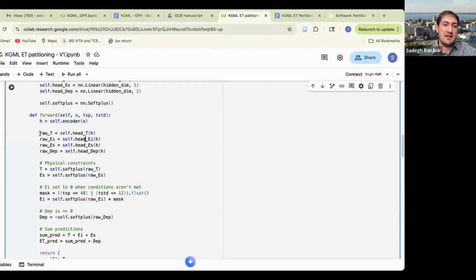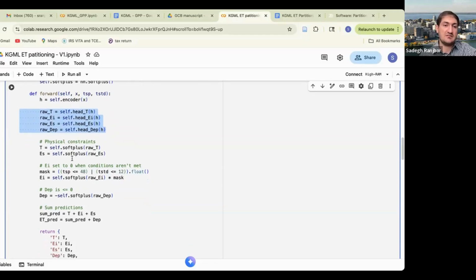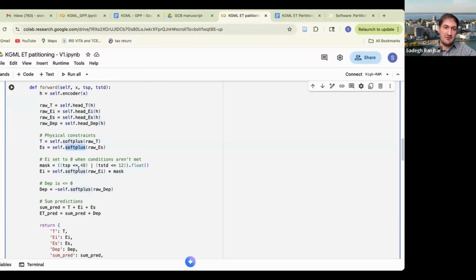Then these heads, this decoder part of the code, get the encoded information and give us the raw transpiration, intercepted evaporation, surface evaporation, and deposition. And we use softplus to make these fluxes positive, as I talked about previously.